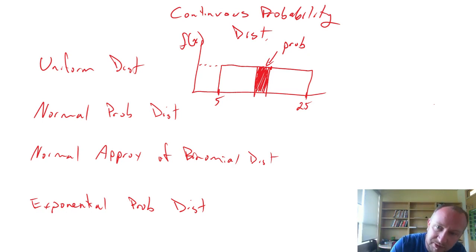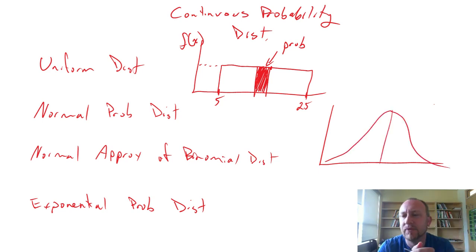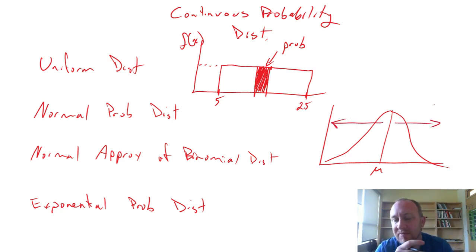The normal probability distribution, I'm going to guess that you've probably seen this one before. This is often the one that is referred to as the bell curve because, well, it kind of looks like a bell. In this distribution, we have some mean that exists in the middle, and as we move further and further away from that mean, the probability of events occurring further out from the mean is diminishing.